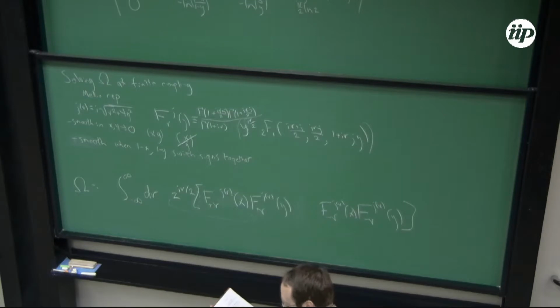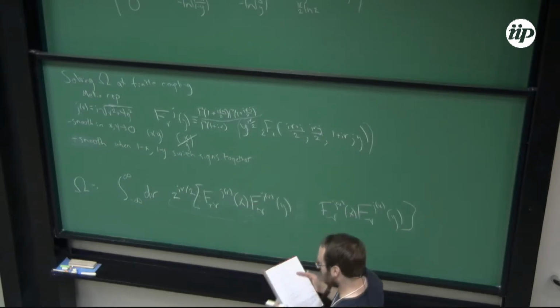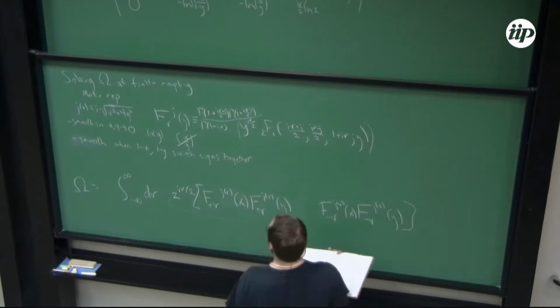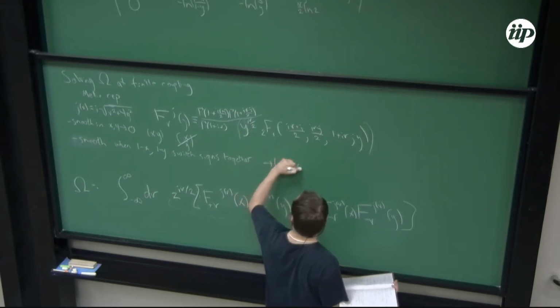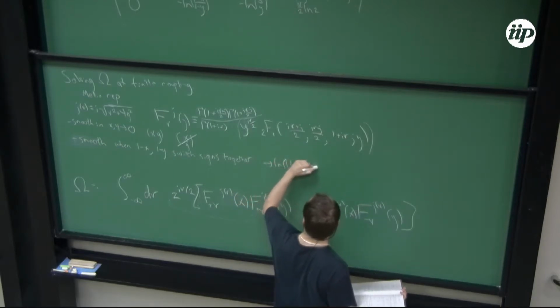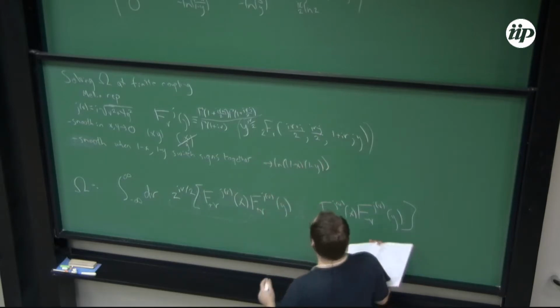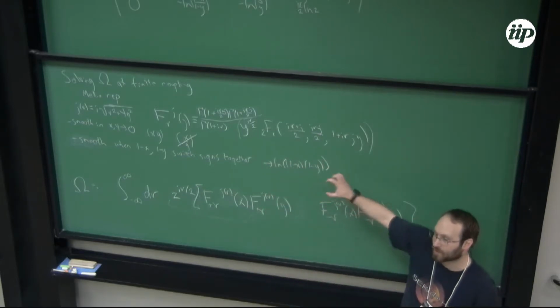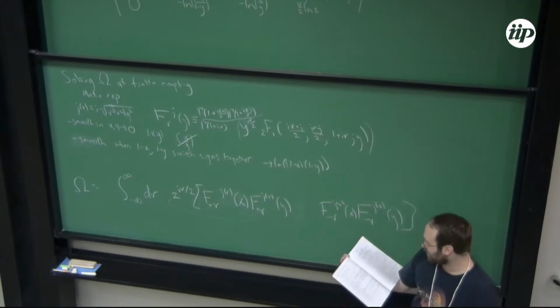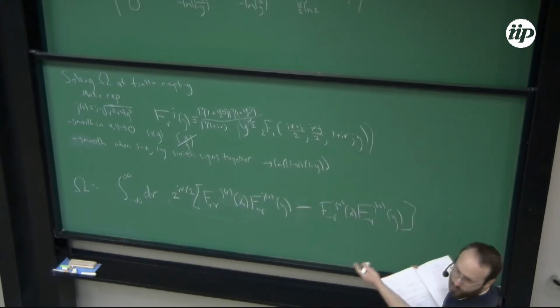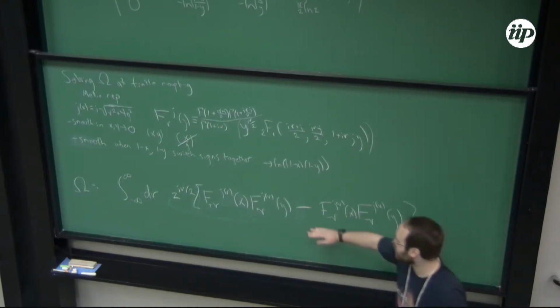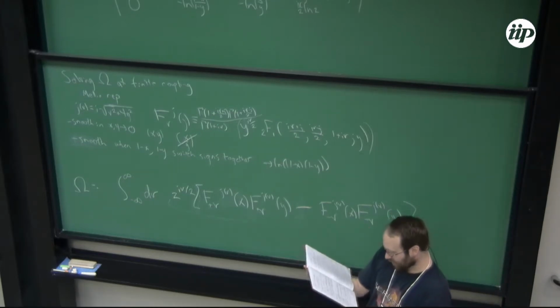And what this ends up imposing is that these things actually need to combine in a specific combination. So in particular, you have to have logs of 1 minus x times 1 minus y. You can't have them appearing separately in this limit. And what this does is this fixes the coefficient between these two terms. So it just tells you this has to be a negative. It has to be minus.